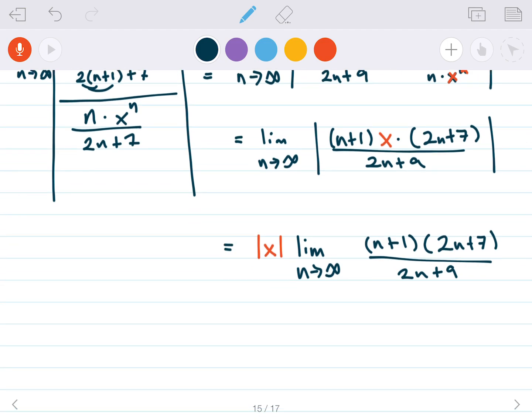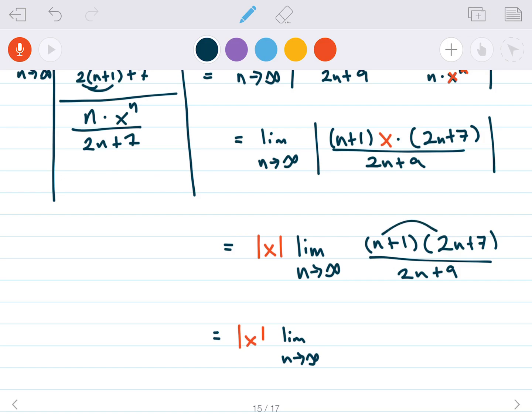And we're like, okay, well, what's the limit here? I'm going to simplify it, clean it up a little bit. I'm going to first FOIL the top, or distributive property, if you're not into acronyms. So we have the limit as n goes to infinity.